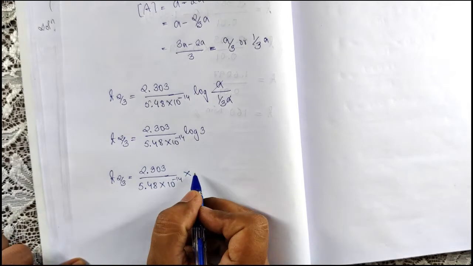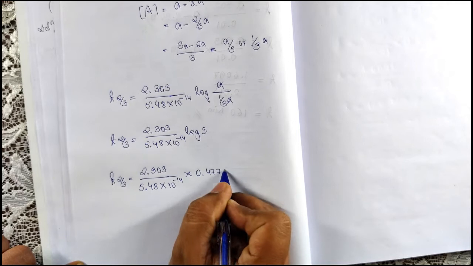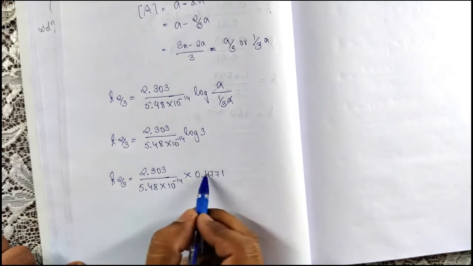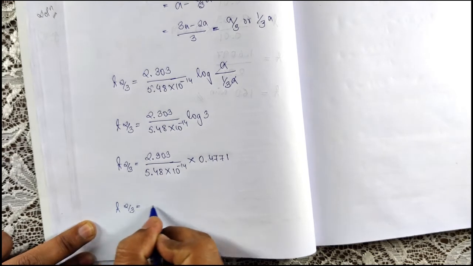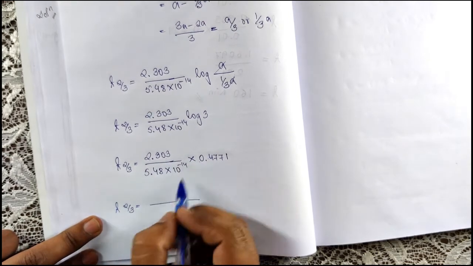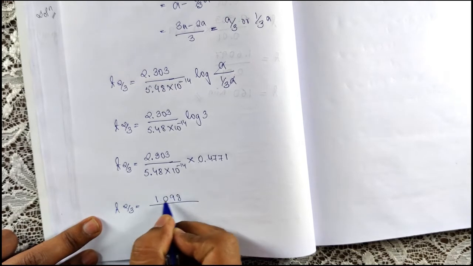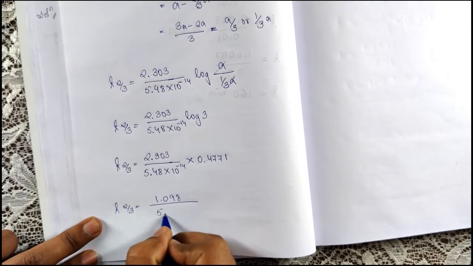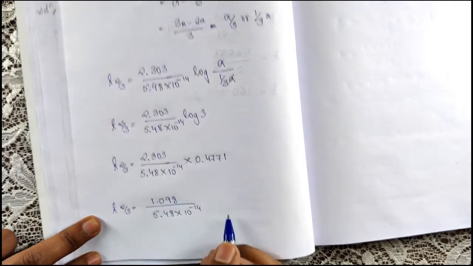So log 3 is 0.4771. So now I'll multiply these two numbers. If you multiply these two numbers, you'll get 1.098 divided by 5.48 into 10 to the power minus 14.